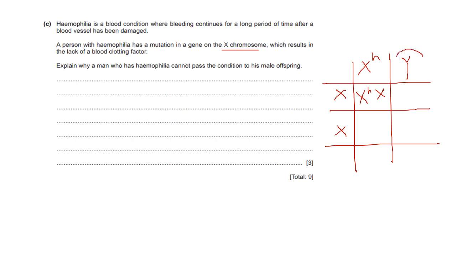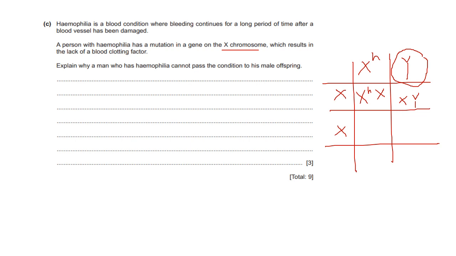However, because hemophilia doesn't sit on the Y chromosome, if he had a son, the son would not get it. Because remember, when an offspring is being formed, if it's going to be a male child, the man donates the Y chromosome. If it's going to be female, he donates the X chromosome. So what this simply means is that this man is able to pass hemophilia to his daughter, but the question asks you, why can't he pass it to his male offspring, so his son?